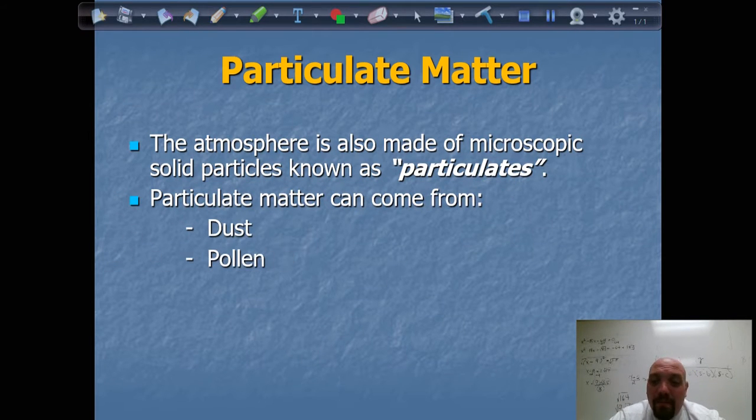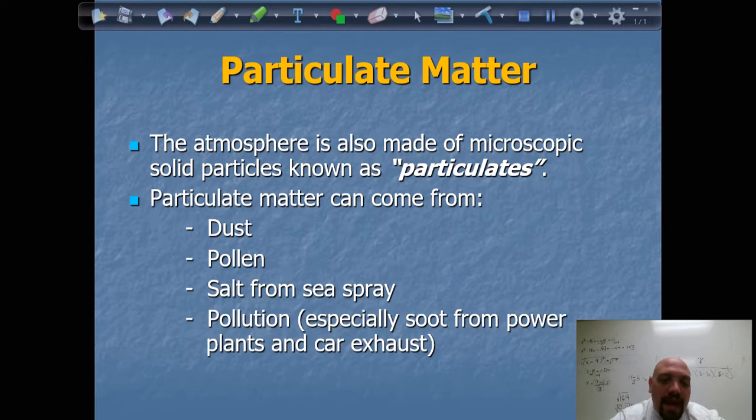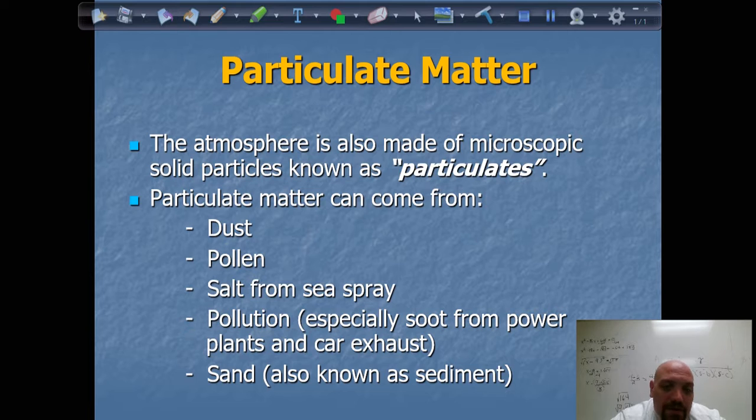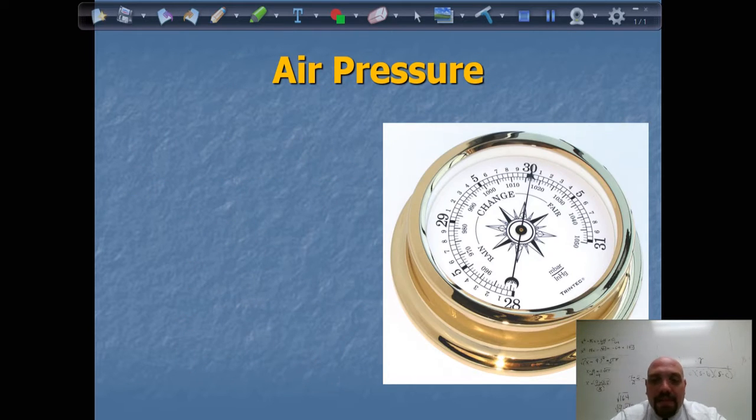Dust can come from pollen, salt, little chunks of salt that get kicked off of ocean waves and drift up into the atmosphere. It could be pollution from like power plants and car exhaust. And it can also be little particles of sand that are light enough to get picked up by air currents and lifted into the upper atmosphere. So particulate matter is also a big piece of the atmosphere.